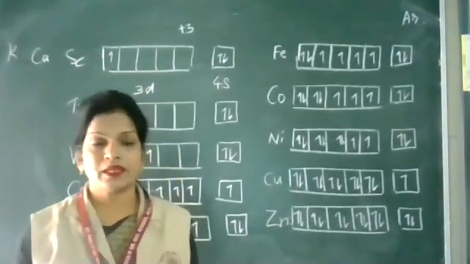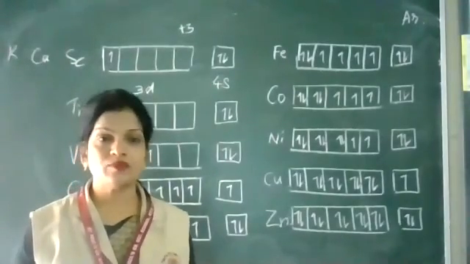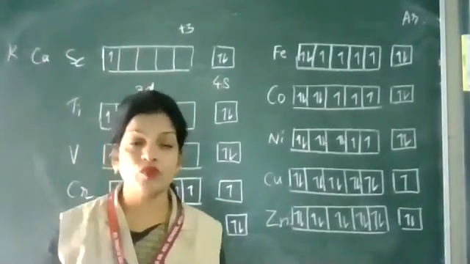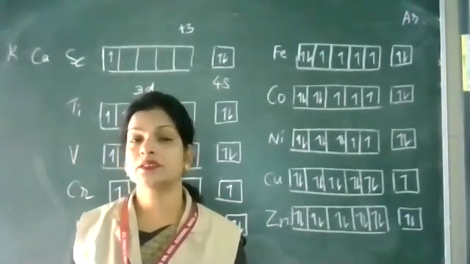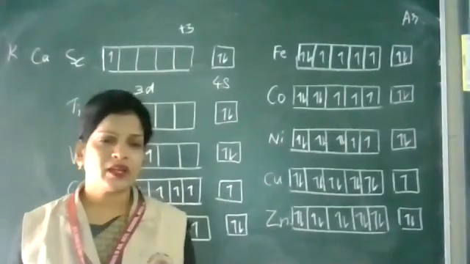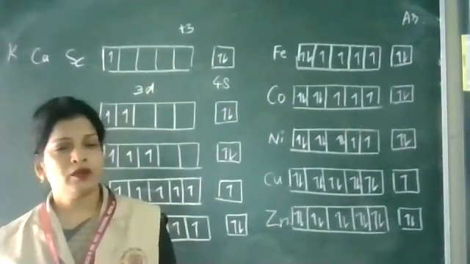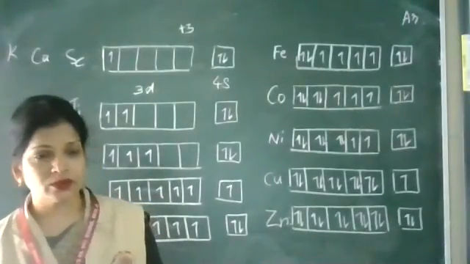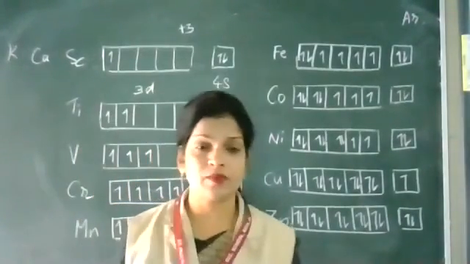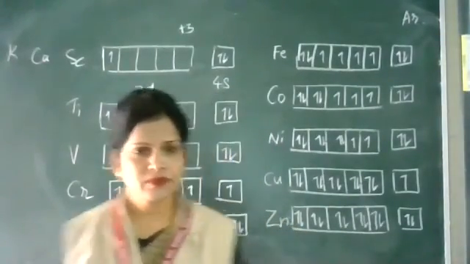If there is an unpaired electron, we say color. Scandium is colorless, Sc3+. Scandium shows only one oxidation state, +3, not +2, not +1. Why is scandium not showing +2? Because it will lose one more electron to get +3, so that it gets the stable configuration of argon, the nearest noble gas.